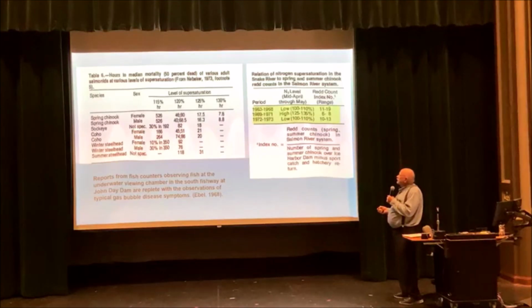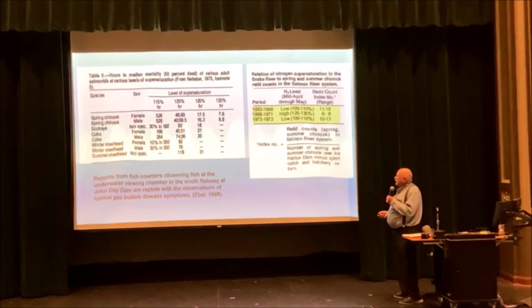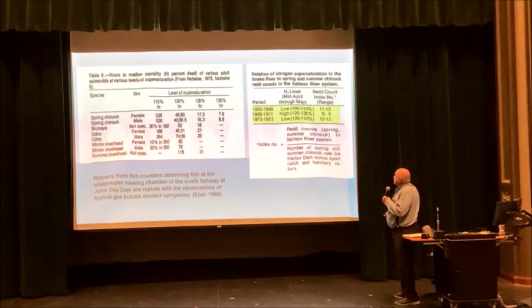At 130%, 7.8 hours. So you see it gets worse as the gas saturation gets higher. The fish counters were observing fish coming up the river at John Day Dam that had many observations of gas bubble disease symptoms.